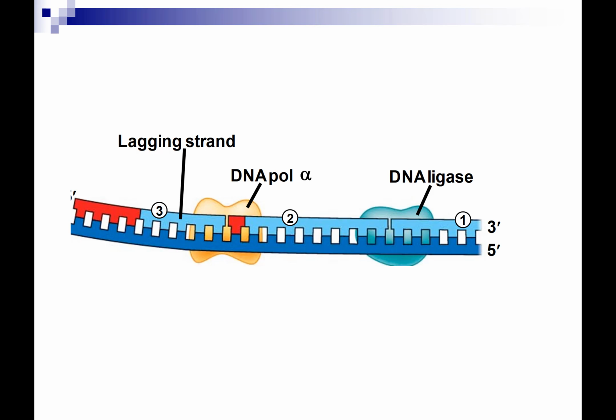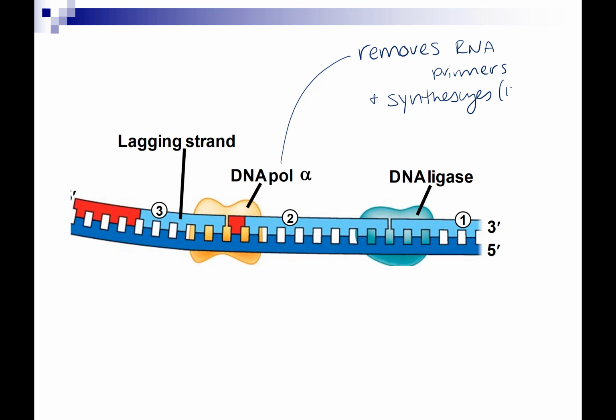So let's zoom in and look at this. So DNA polymerase alpha removes RNA primers and synthesizes, or makes, the DNA that's missing. So it's replacing the RNA primer with DNA.